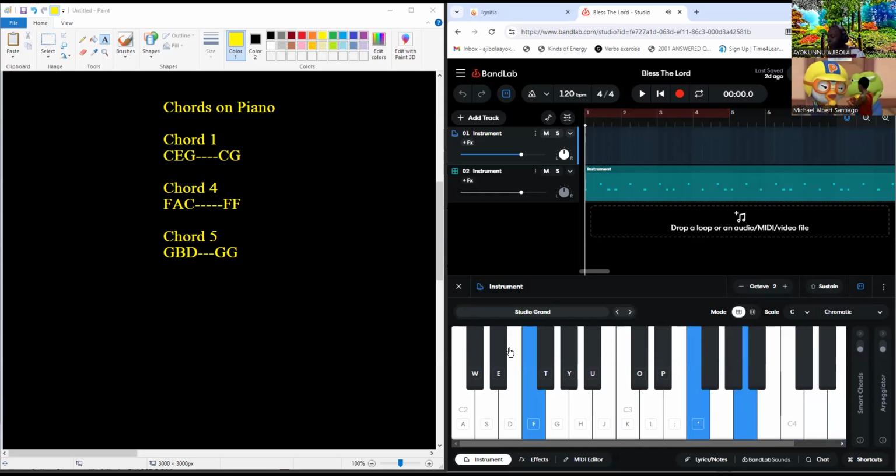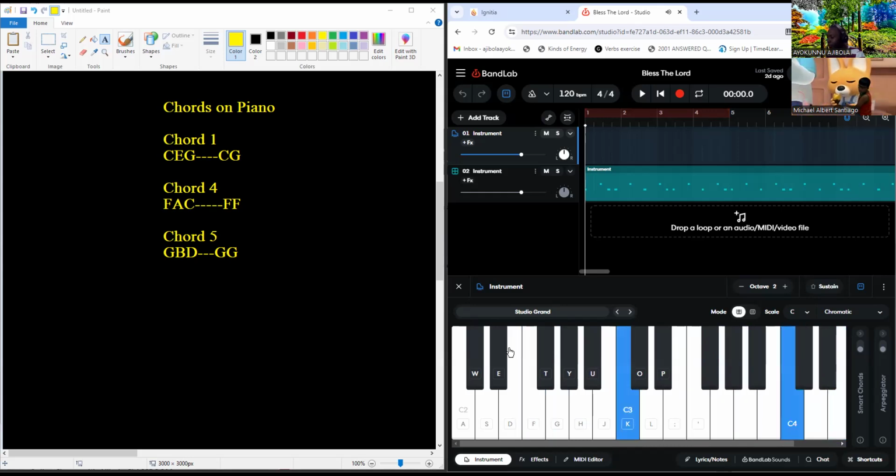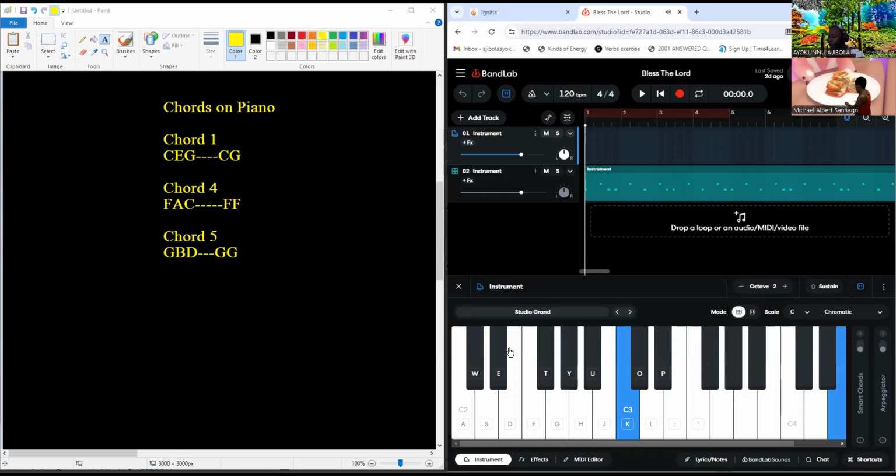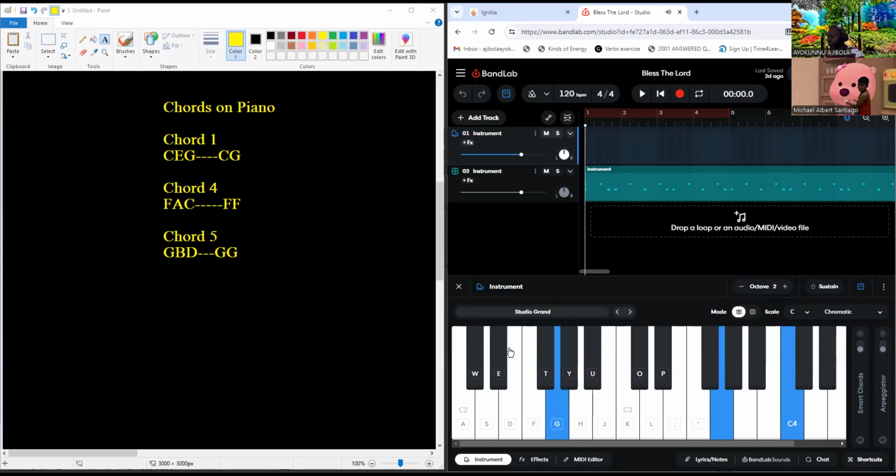That's 4. Then 1. 5. Then to 4 again. 1. 4. Then 1. 5. Then 1.